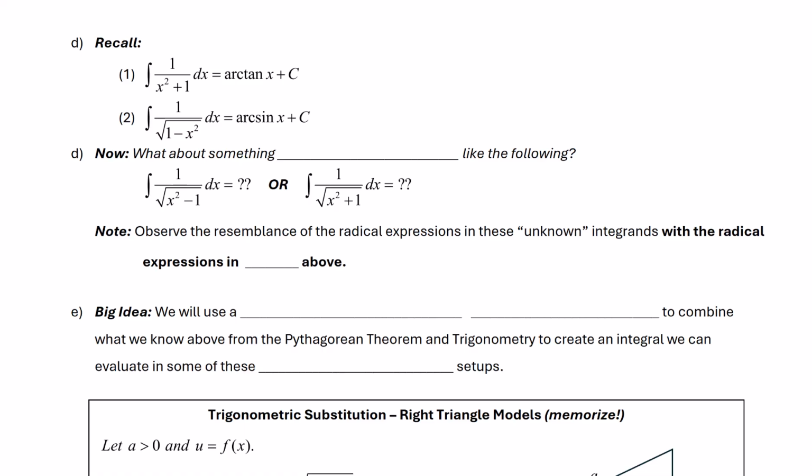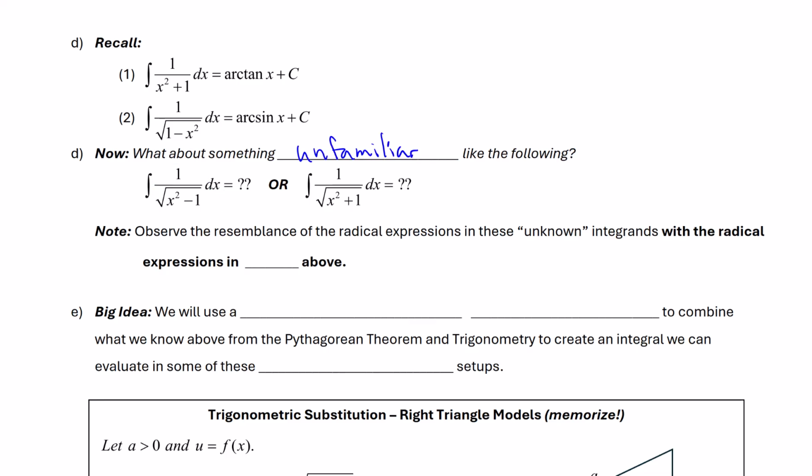Now, though, what about something that is unfamiliar? Again, assuming those previous examples are somewhat familiar or could be familiarized if you forgot them. But what about something that's unfamiliar, like the following? What about the indefinite integral or antiderivative for 1 over the square root of x squared minus 1 dx? Notice the difference.